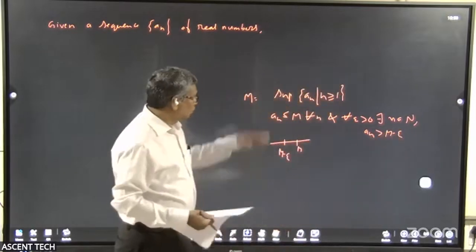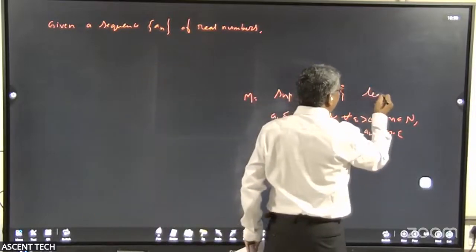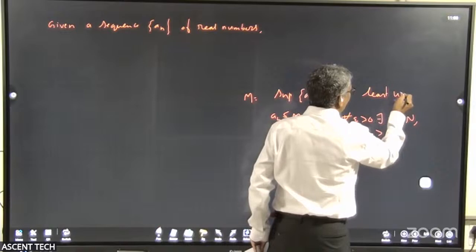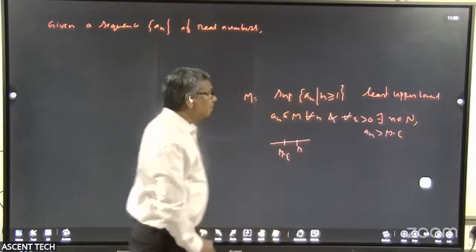So supremum means least upper bound, which is also a notation. Maybe I should define that.